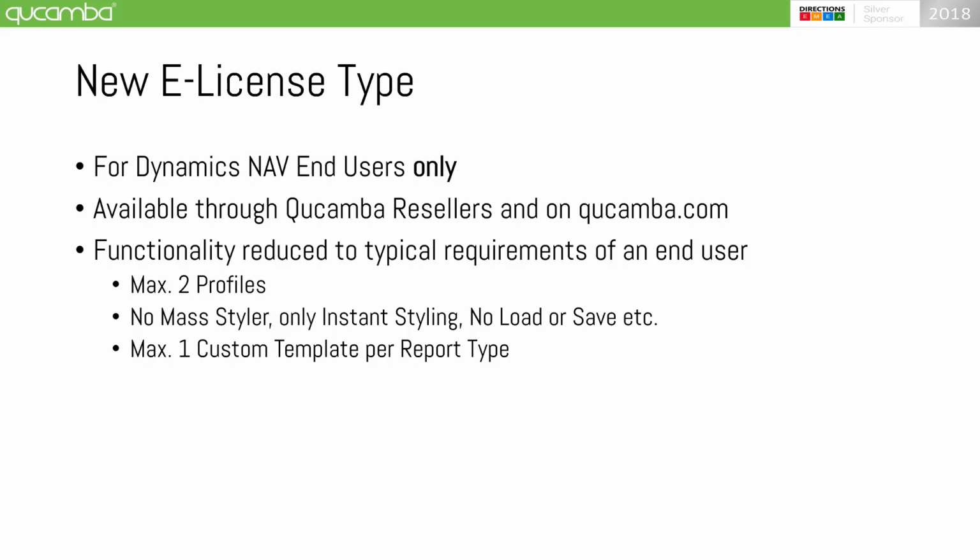Styling boards can't be saved and loaded from disk to allow styling of many reports in a badge. And finally, the end user license is going to allow a maximum of 1 template per wizard, which means that the layout of a wizard can be customized to a corporate design, but there can only be 1 design for each wizard.